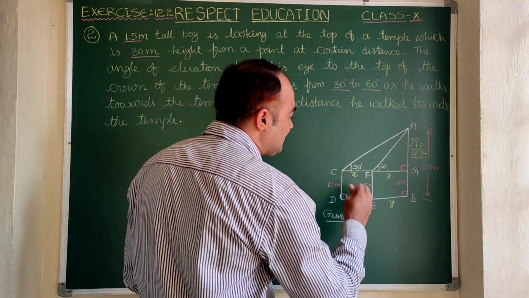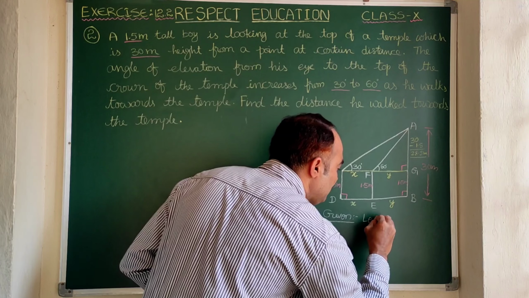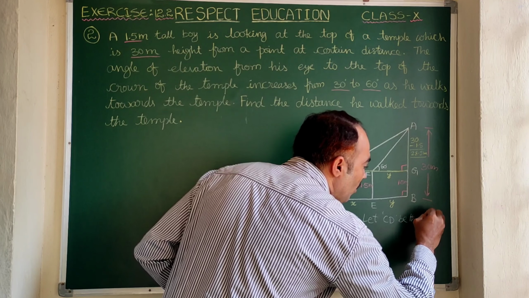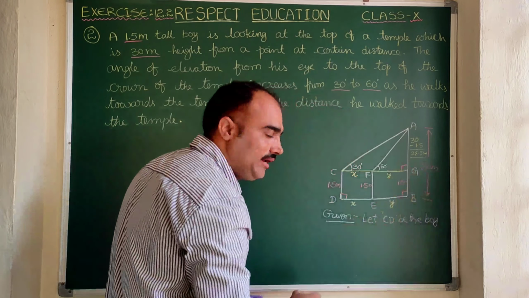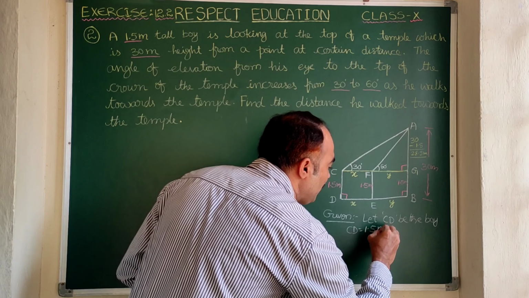Now here let us add the given data. Here, a 1.5 meter tall boy. Let CD be the boy, or height of the boy. It is given that CD is equal to 1.5 meters. And here let AB be the temple, the height of the temple.